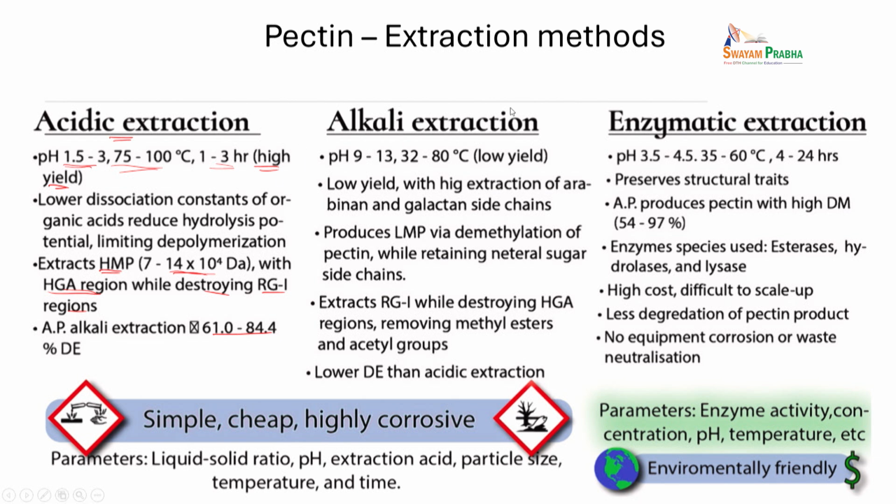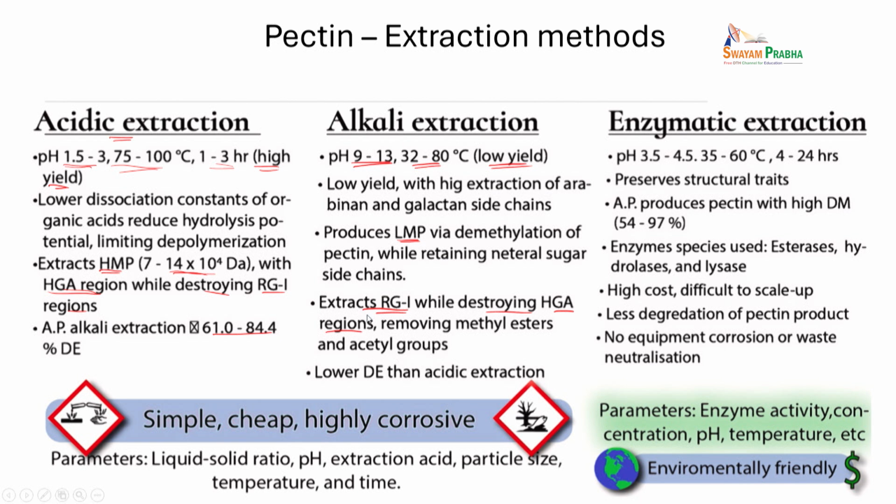If you look at alkali extraction, the pH is alkaline, 9 to 13, using sodium hydroxide or any other alkali, and the temperature can be anywhere from room temperature to 80 degrees. These ranges are given based on previous work, and it is shown that usually alkali extraction gives a very low yield of pectin, and that is because it produces low methoxylated pectin, and it extracts mostly the hairy or amorphous rhamnogalacturonan, while it destroys the HGA, the homogalacturonic acid.